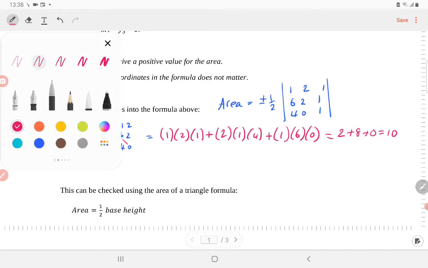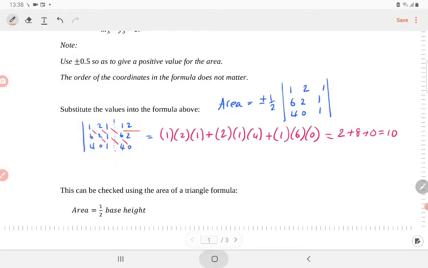Then we'll go back in the orange direction. 2 6 1. 1 1 0. 1 2 4, like that. So we'd have 2 6 1 plus 1 1 0 plus 1 2 4.